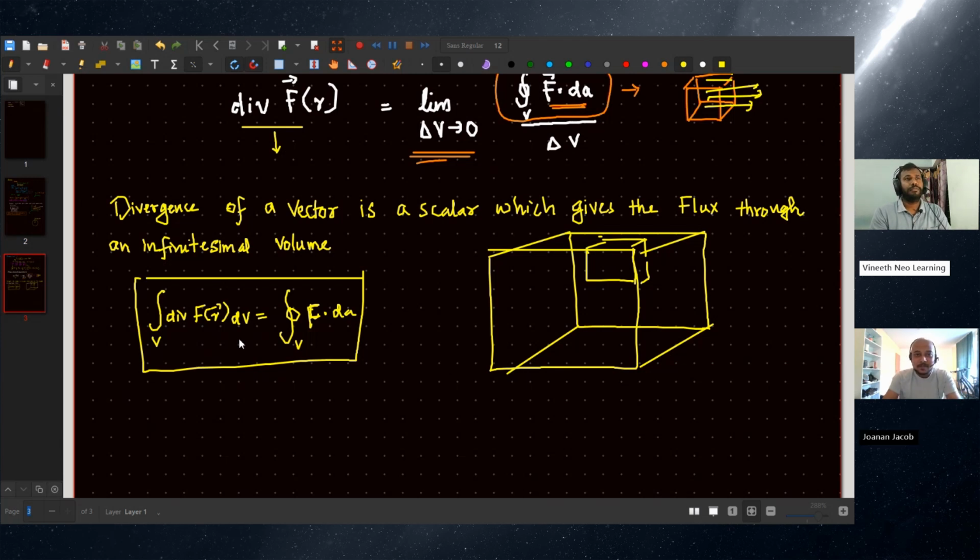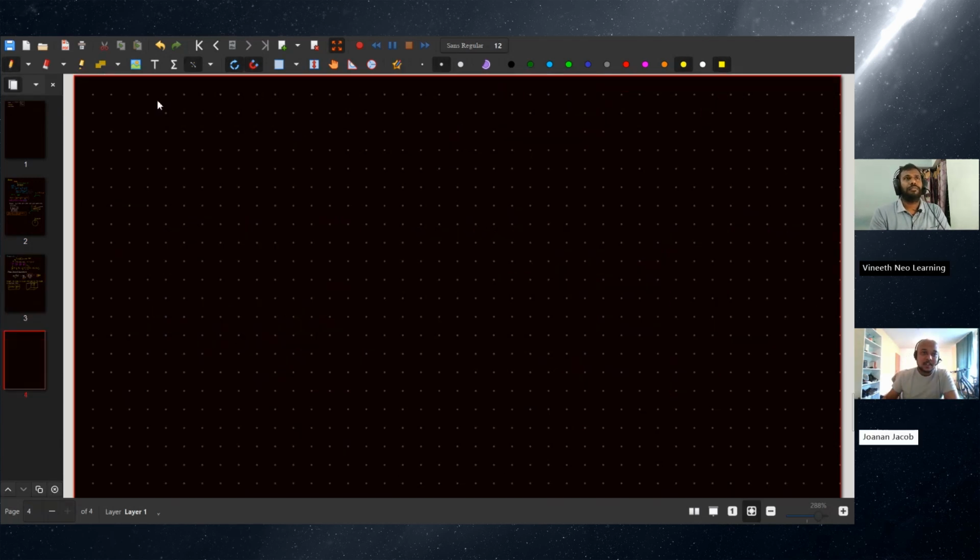Okay, let's move on to the next one. Curl of a vector. What do you understand by curl of a vector? From bachelor's or master's, what we have learned is del cross a vector, which gives a vector. Curl is another mode of this differential operator.